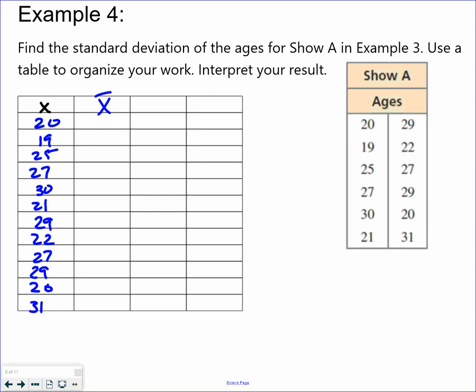Next, and this is going to take a few seconds, I apologize, you want to find the average. So if you want to hit pause for a second and try to find the average, you're going to add up all the numbers, and divide by how many numbers there are.